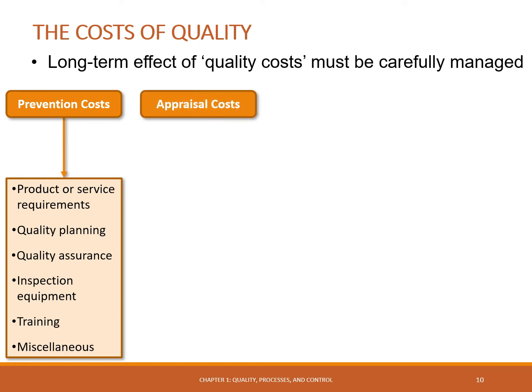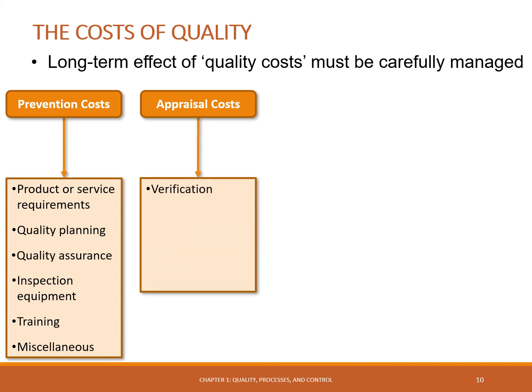The second group includes appraisal costs, which are associated with the supplier's evaluation of purchased materials to ensure conformance with the specified requirements. The most important costs included in this group are costs with the verification of incoming material, process setup, and product or service performance appraisal against agreed specifications.